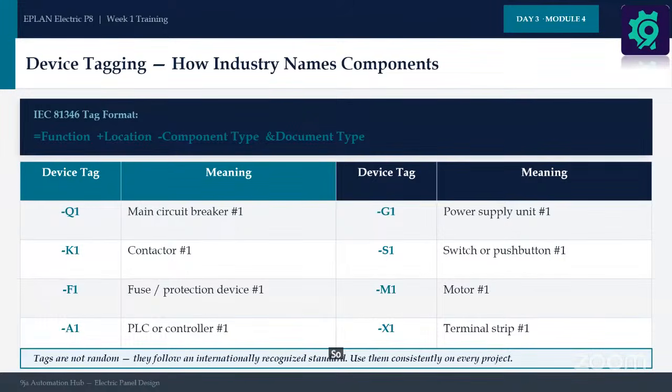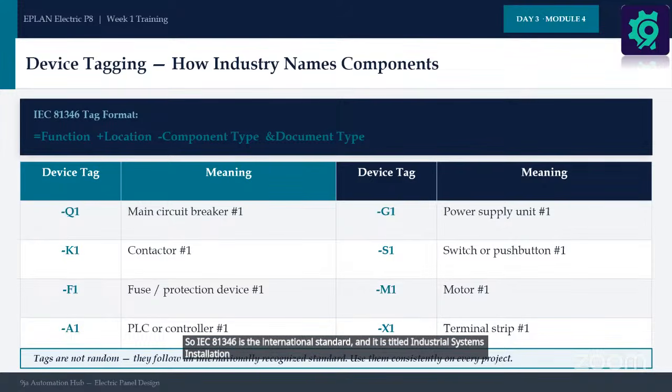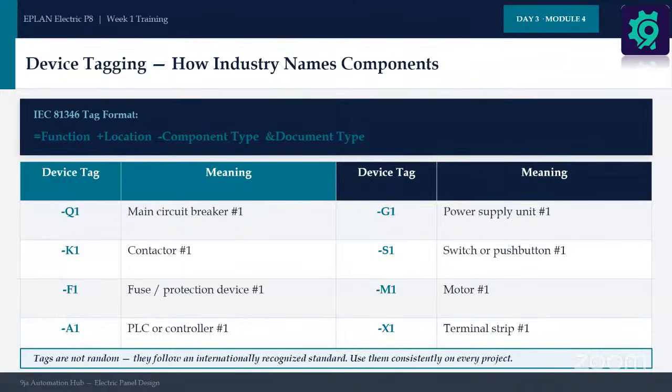So IEC 81346 is the international standard, and it is titled Industrial systems, installations and equipment and industrial products: Structuring principles and reference designations.